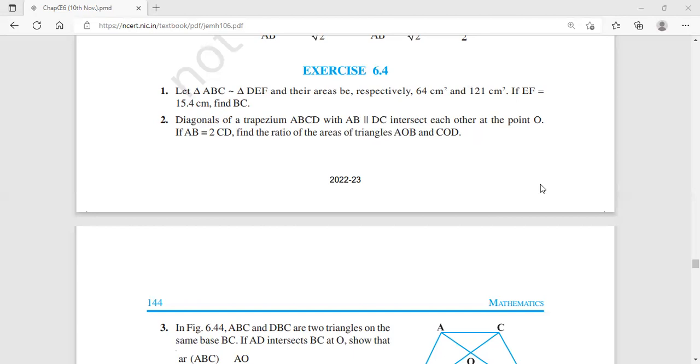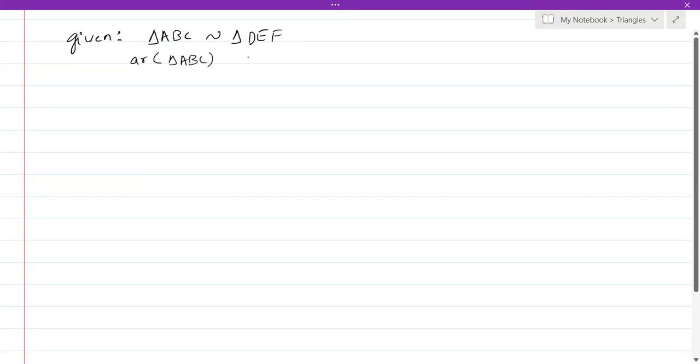Okay, so here they have given that triangle ABC is already similar to triangle DEF, the area of triangle ABC is 64 centimeter square and the area of triangle DEF is 121 centimeter square, and EF is equal to 15.4 centimeter.